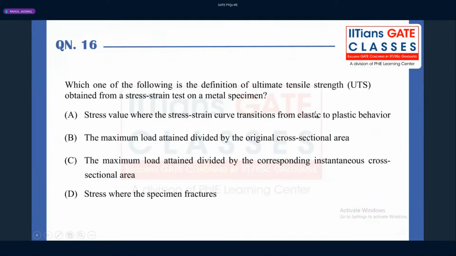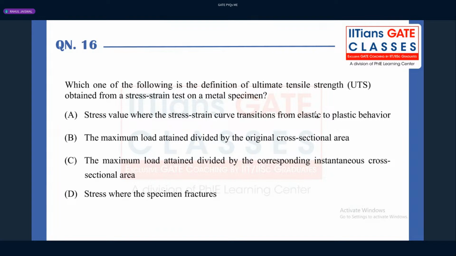Now moving to question number one, as you can see, what they are asking is: which one of the following is the definition of the ultimate tensile strength obtained from a stress-strain test on a metal specimen?